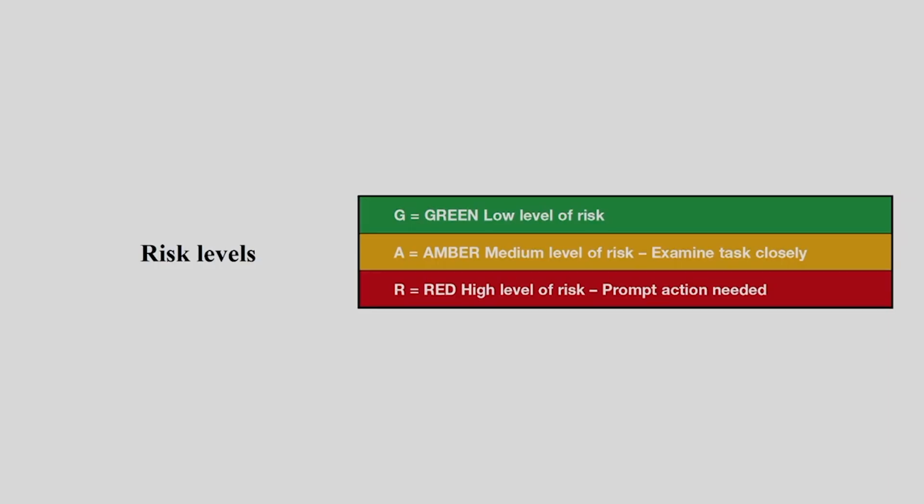A, amber or medium level, means examine the task closely. So, there is some risk, so you examine it. And R, that is red or high level of risk, means you need to take prompt action as soon as you get these results. So, this is the color coding we are going to use in this particular tool.